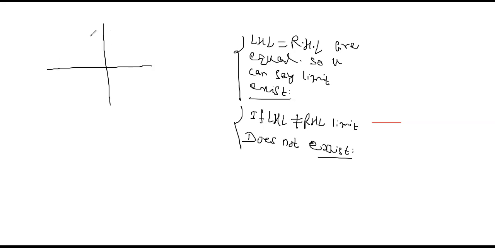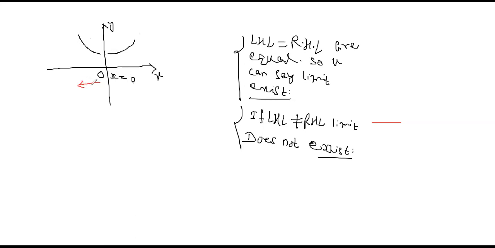If you take this graph, this is known as the x-axis and this is known as the y-axis. Here it breaks at x equal to 0, and this is the origin. It will be less than 0 or greater than 0.